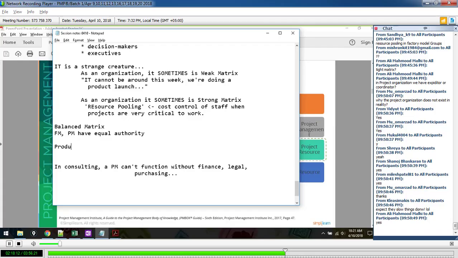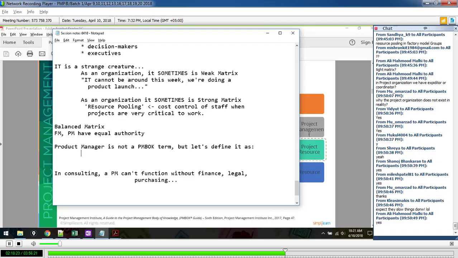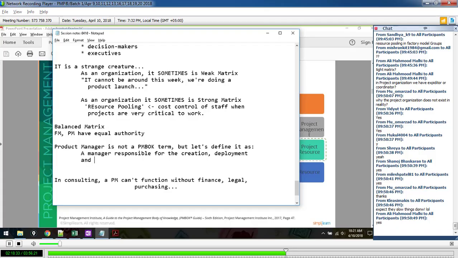Product manager is not a PMBOK term, but let's define it as a manager responsible for the creation, deployment, and life cycle management of a product. That's the definition that we're going to go by together.